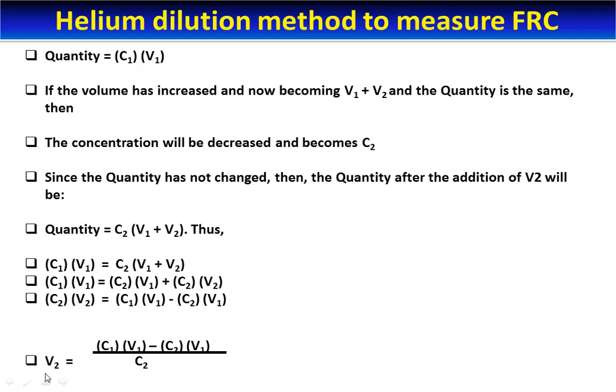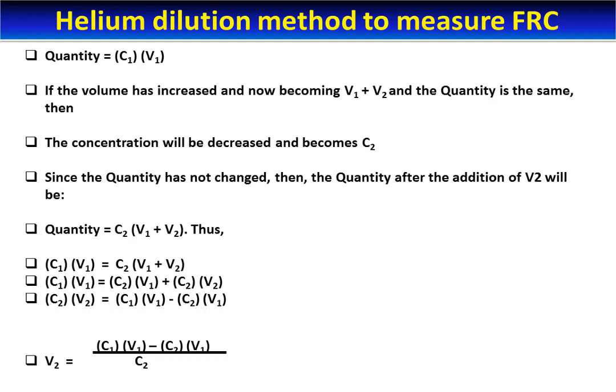So V2, the additional volume, is equivalent to C1 multiplied by V1 minus C2 multiplied by V1, divided by C2. So we can use the same concept now to measure the functional residual capacity.